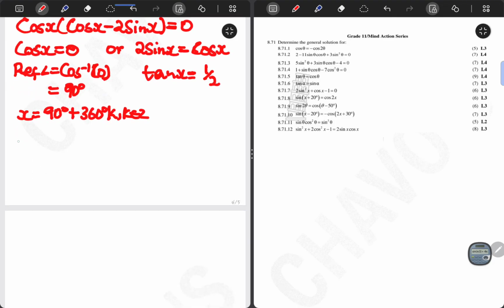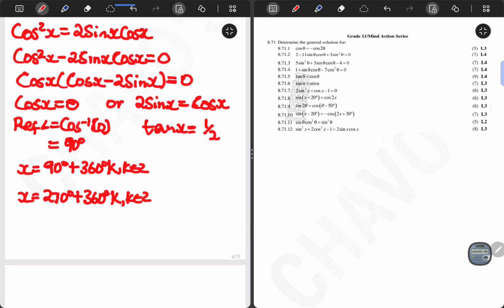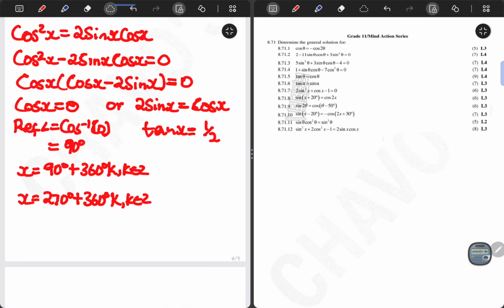And in the fourth quadrant, x will be 360 minus 90, which is the reference angle, to be 270 plus 360k, k element of integer. So that's it for cos.